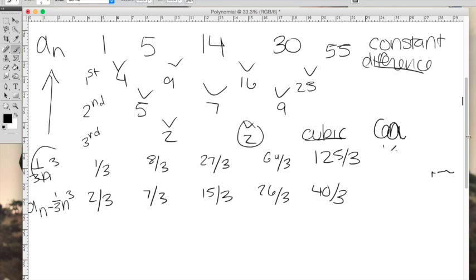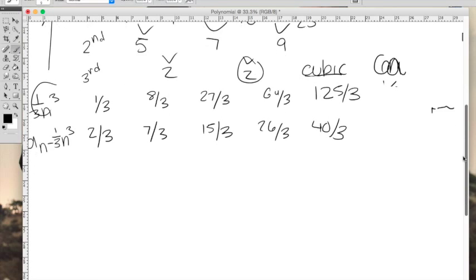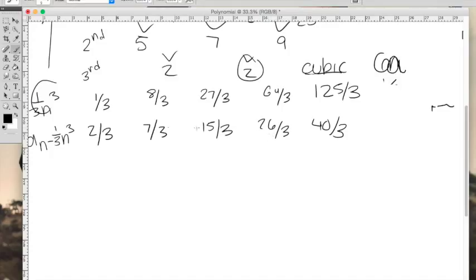Okay, so now we've taken out the cubic component of our sequence. So now we analyze this like we did our original and look for the constant difference. 5/3, this one is 8/3, this one is 11/3, and this one is 14/3.